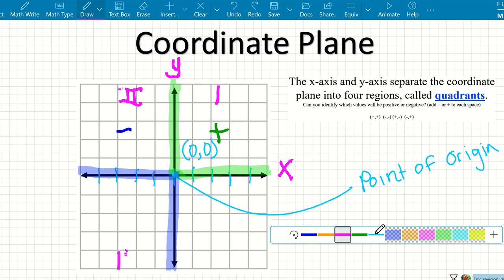The bottom left is going to be quadrant 3. We are moving in a counterclockwise direction, which is the opposite of a clock, hence counterclockwise. And the last section is going to be quadrant 4. This allows us to be able to identify points in each one of the 4 sections and whether or not it's on the y or the x number line.